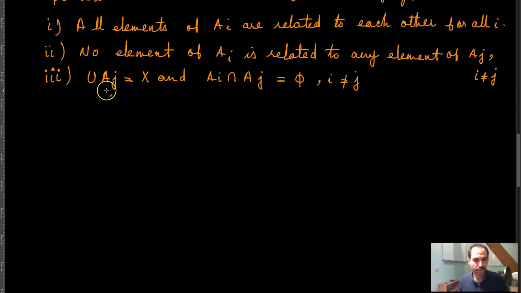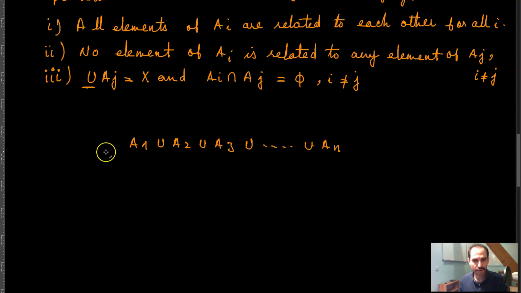Union of A of J is equal to X. That's a notation that you use when you mean to say that, for example, you have A1 union with A2, union with A3, union with all the way up to A of n.